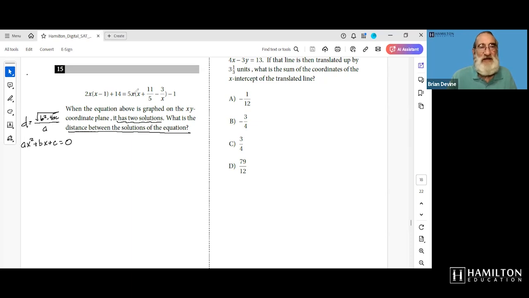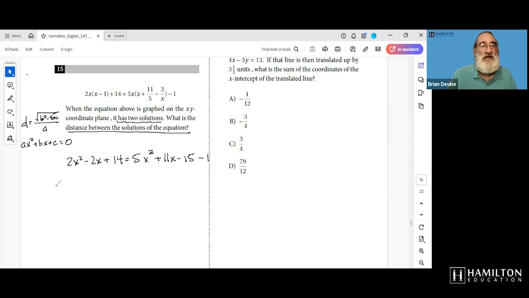So I'm going to try and get this thing into that form. Well, what would I do? I've got to distribute. So 2x squared minus 2x plus 14 is on the left. And then 5x squared plus 11x minus 15, then minus 1 is on the right.